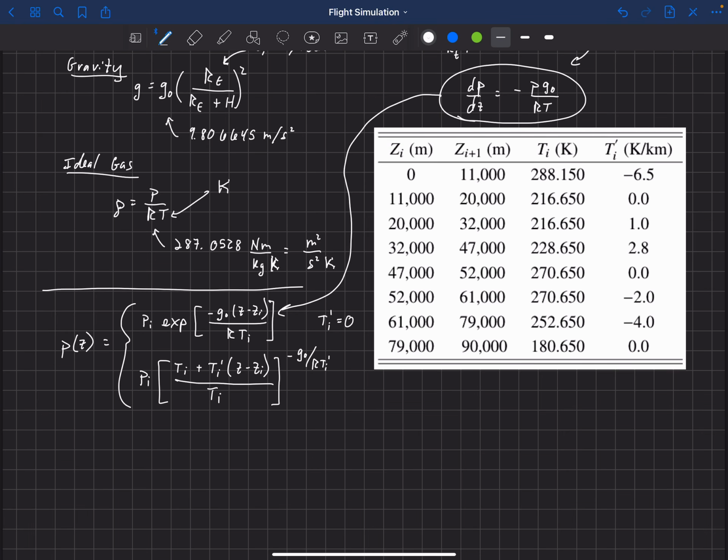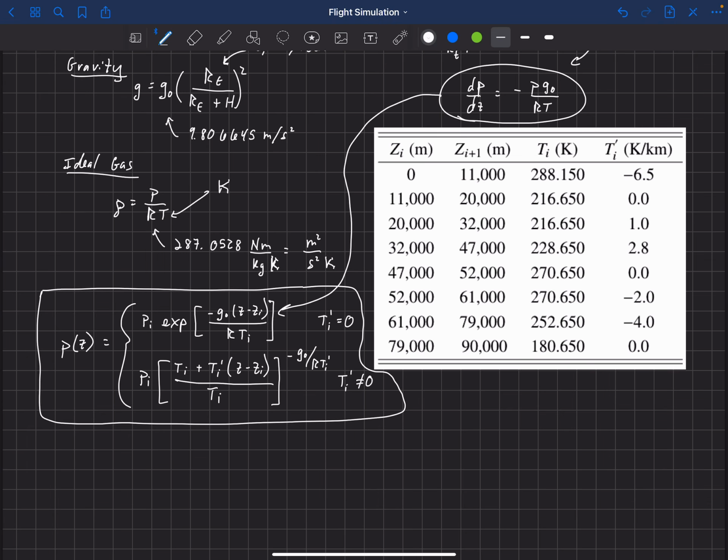So this is the solution if T i prime is not equal to 0. All right, so let me just box this here. So that's our pressure. So we can now compute the pressure at any altitude.